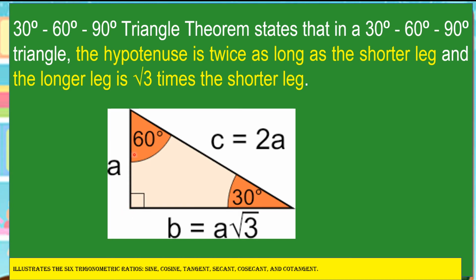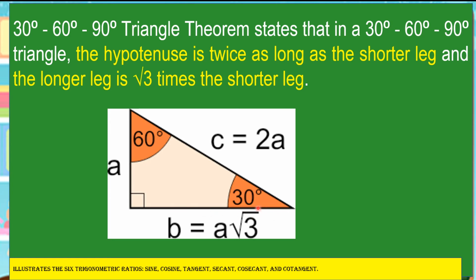The shorter leg is adjacent to the right angle and also the longer leg is adjacent to the right angle. The opposite angle of the shorter leg is always the 30 degrees, and the opposite of the 60 degrees is always the longer leg.